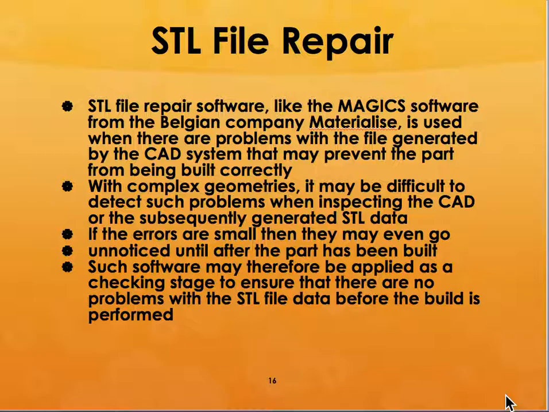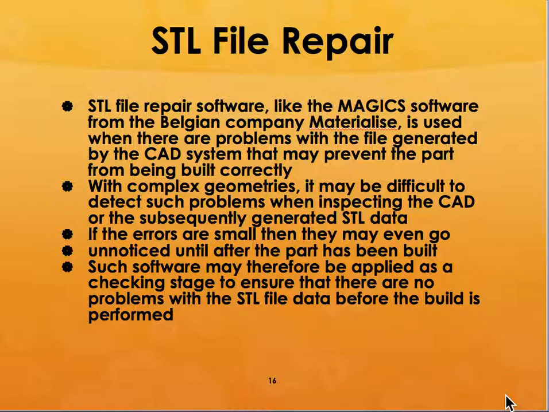I'm sorry, there is a lot of write up here, but what is to be noted is the following. If the slice data has some issues, sometimes the machine is not always going to tell you that.